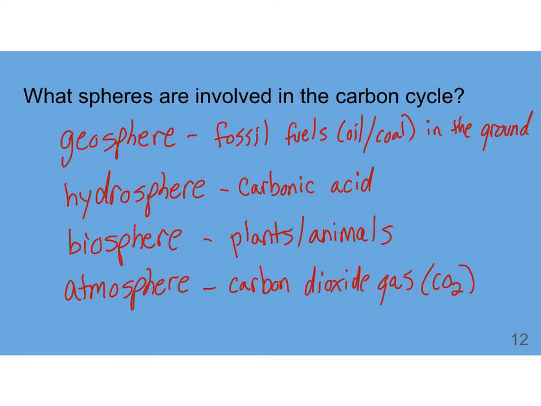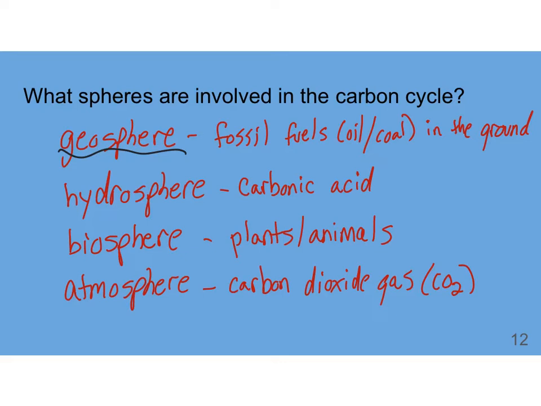What spheres are involved in the carbon cycle? Well, we kind of covered this earlier in the review. All the spheres are going to be involved in the carbon cycle. Give you a couple examples here. In the geosphere, fossil fuels like oil and coal, natural gas, those are found in the ground. In the hydrosphere, we have carbonic acid.